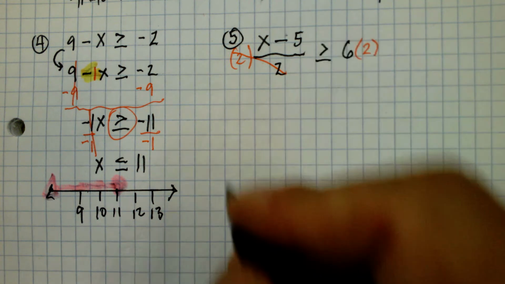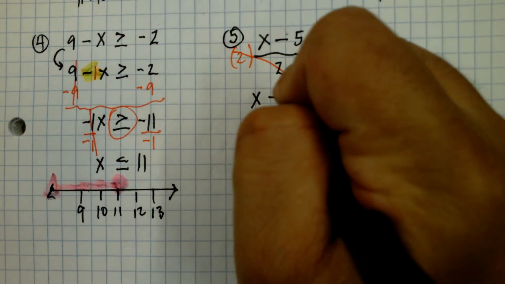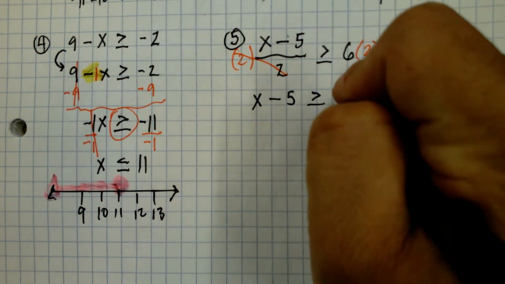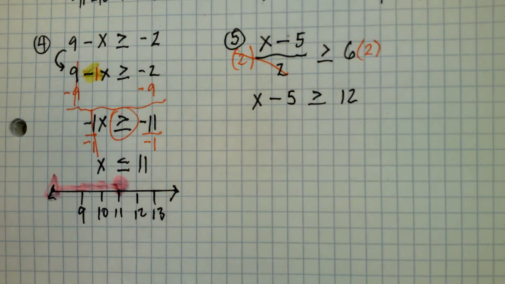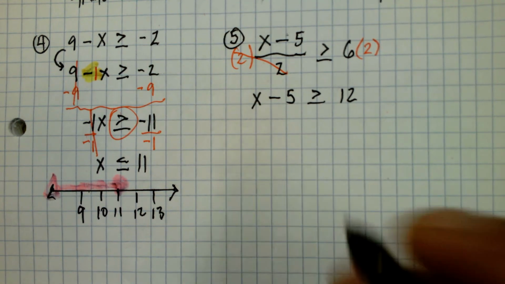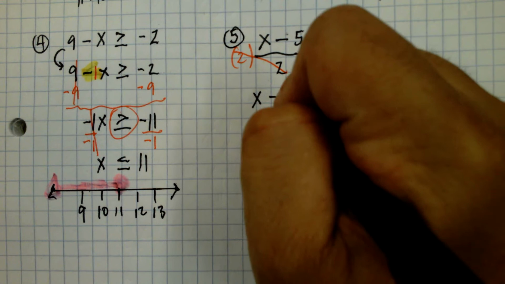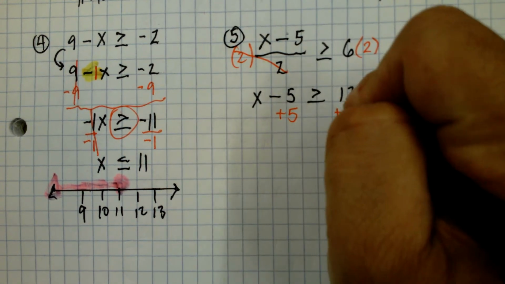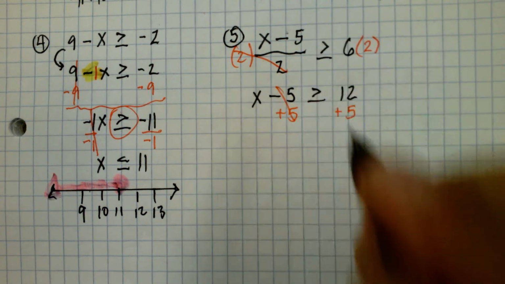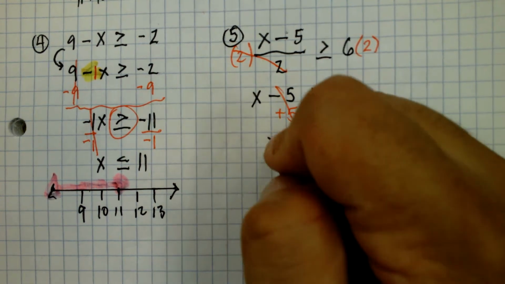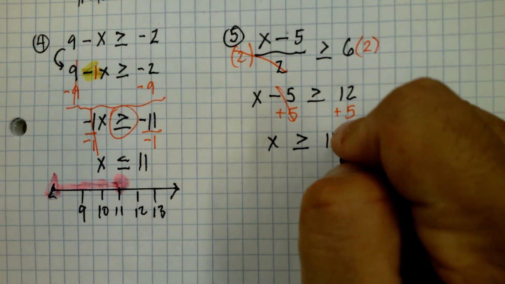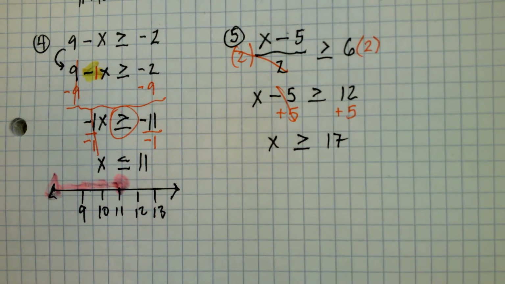And now I have x minus 5 is greater than or equal to 6 times 2, so 12. And now I'm going to get rid of this minus 5. Okay, so now this cancels. x is greater than or equal to 17.